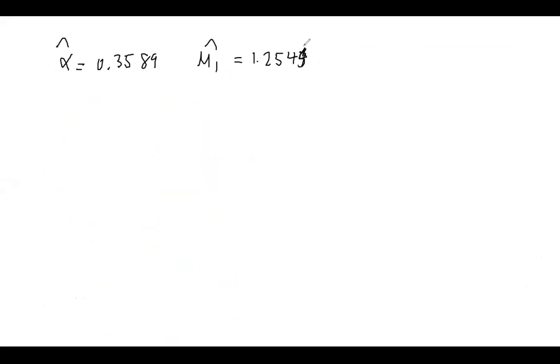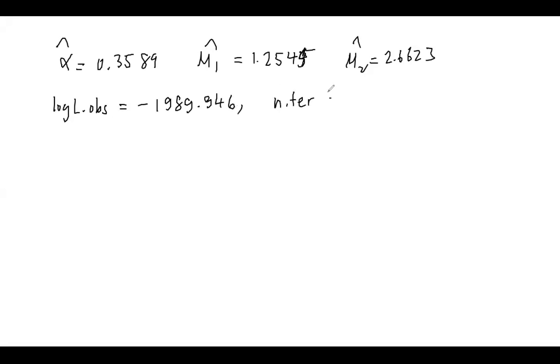Mu2 hat is 2.6623. The log likelihood is minus 1989.946. The number of iterations is 1007.